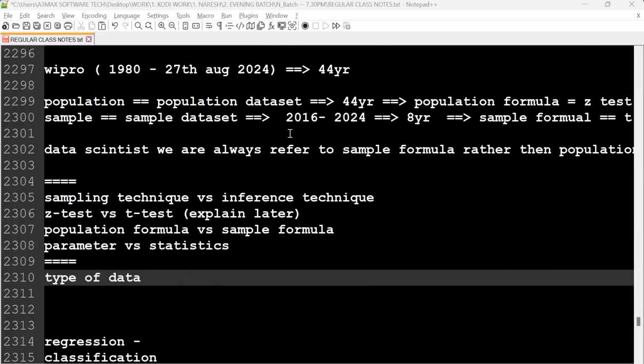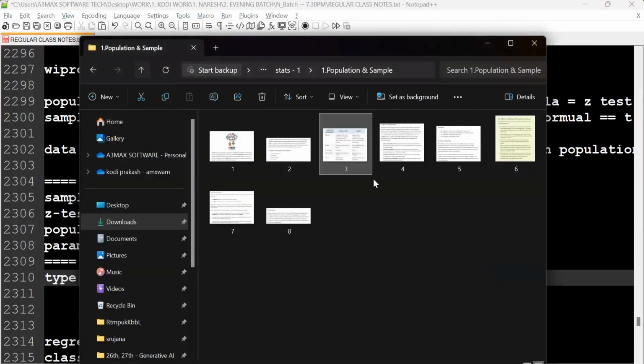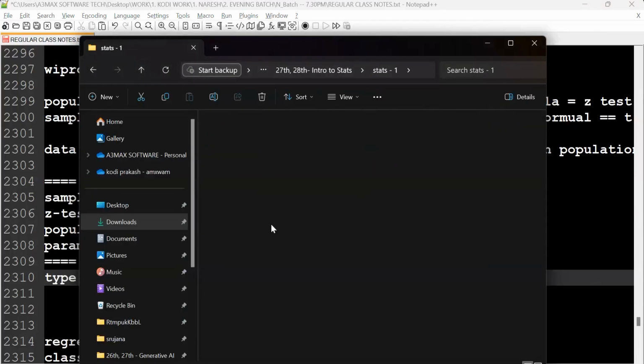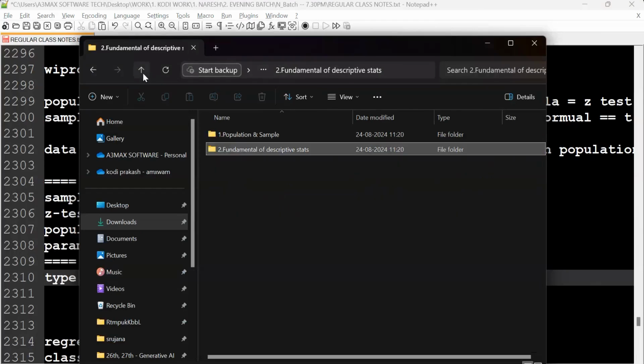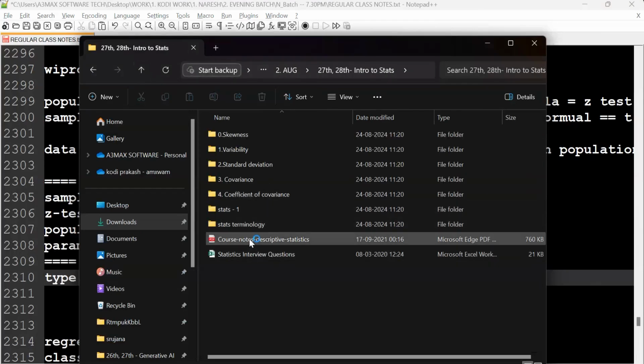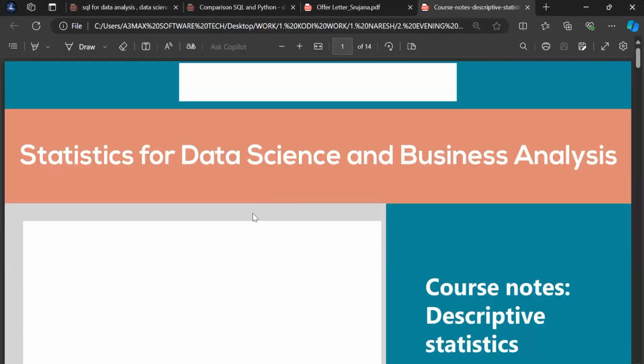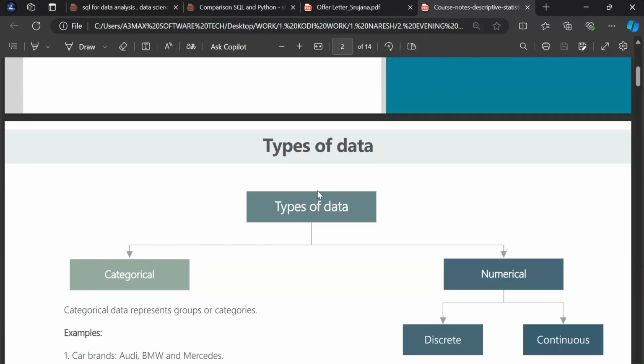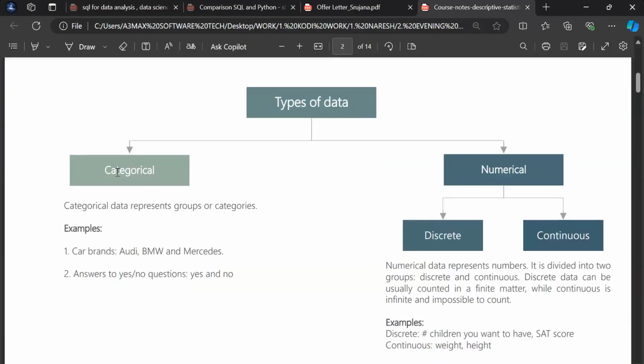Okay. Now, population and sample we covered. Next are the fundamentals of descriptive statistics. But before that, I want to share one resource, statistics for data science and business analysis. I will create a nice PDF and share it later. Data can be divided into two parts, categorical and numerical. Understand? What is categorical?